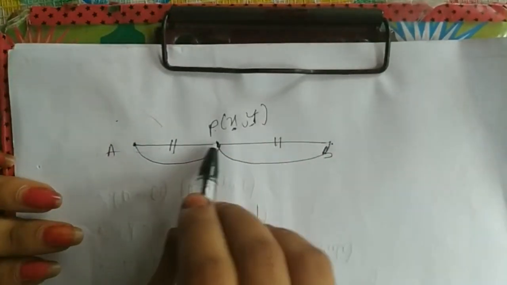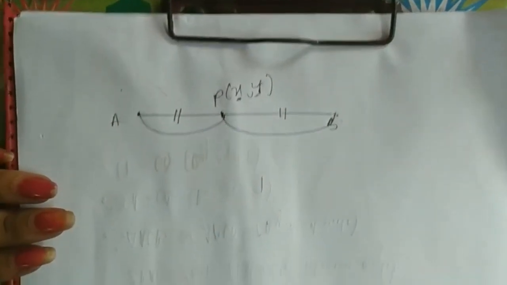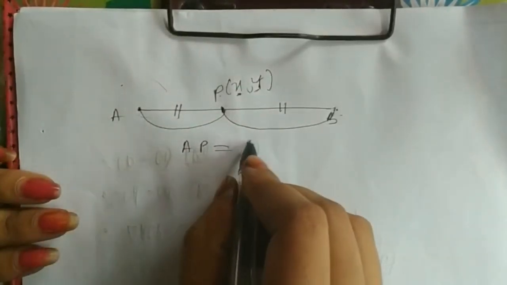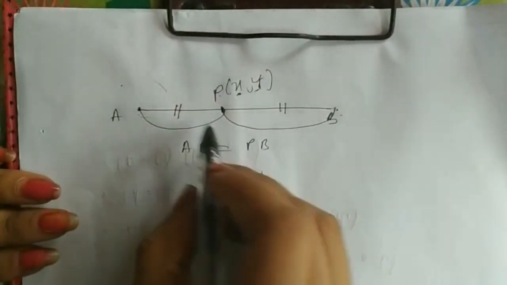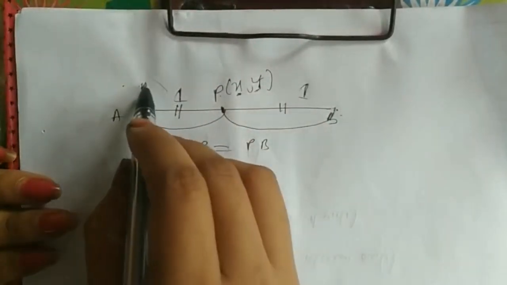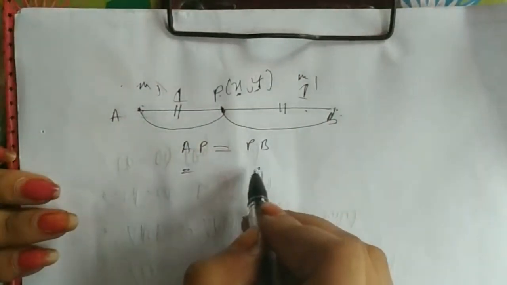If P is the midpoint of AB, then what is the section formula here? If this one is 1, then this one is obviously 1. If this one is M1, this one is obviously M1, because these two are equal.